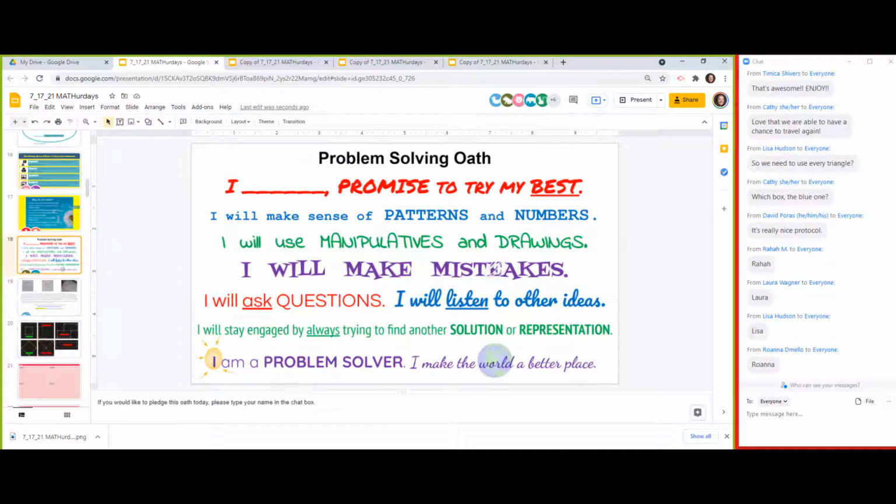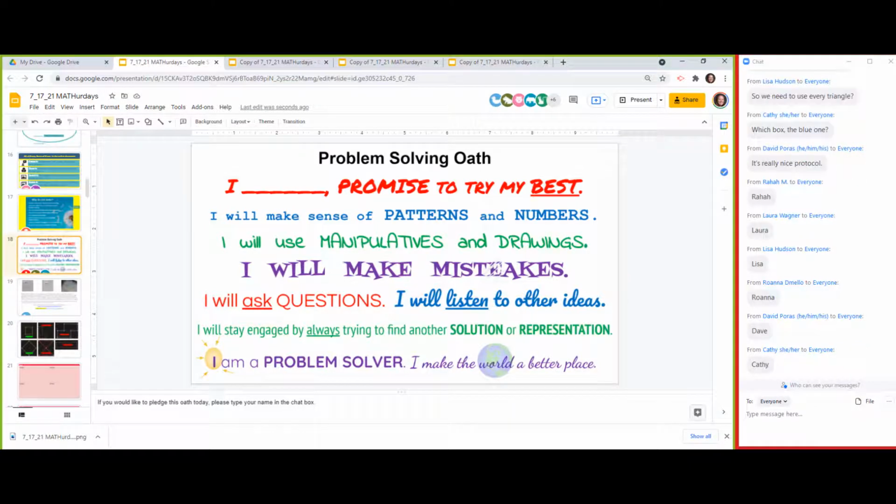I will make mistakes. I will ask questions. I will listen to other ideas. I will stay engaged by always trying to find another solution or representation. I am a problem solver. I make the world a better place. If you would like to pledge that today, find your chat box, make your name public, and make that pledge.